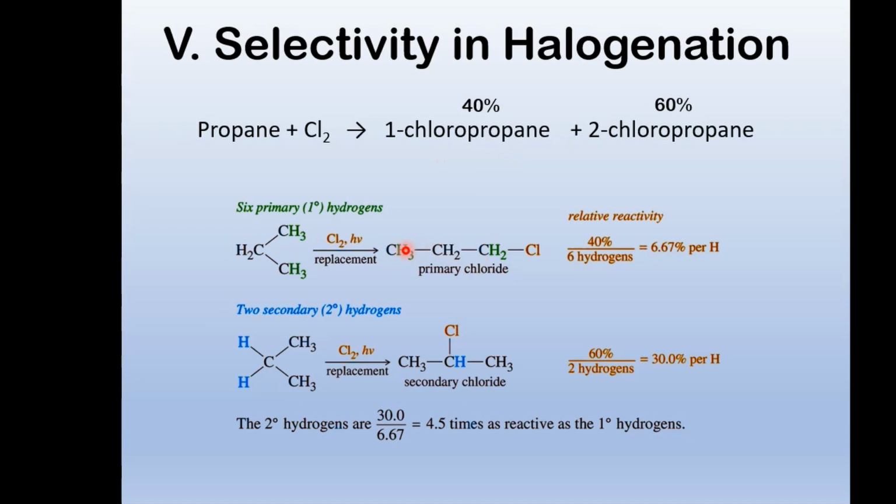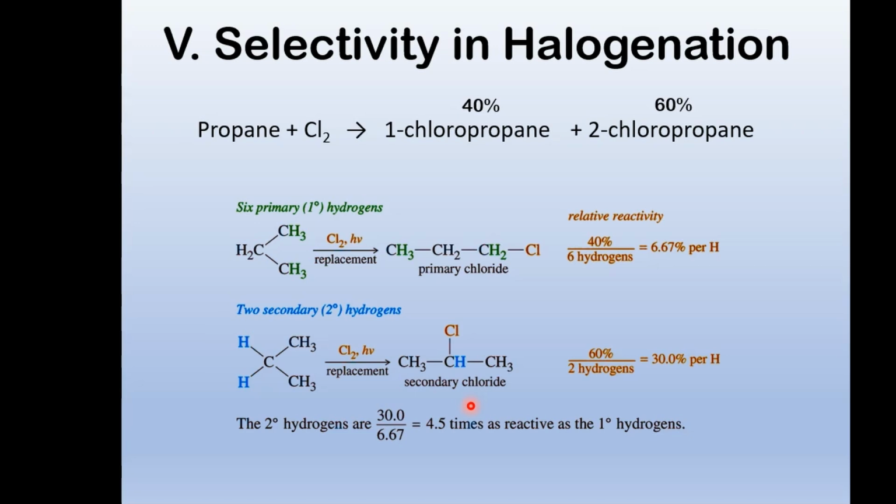We can see that there, a 1, 2, 3 carbon chain and chlorine there on the end. So here's our 1-chloropropane. We get that in about 40%. We get a larger percentage of this other product, 2-chloro. There's 1, 2, 3, there's propane. The chlorine is on the second carbon there. We name this 2-chloropropane.